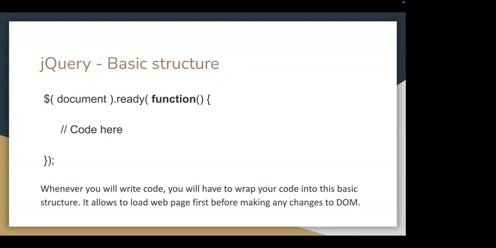You can think of a situation where your JavaScript runs before the HTML is painted on the browser. In that case, if you're selecting some element, most probably it won't be available in the HTML document, so it can give an error. So the general practice is to first allow the page to load and then make any changes for the DOM manipulation.